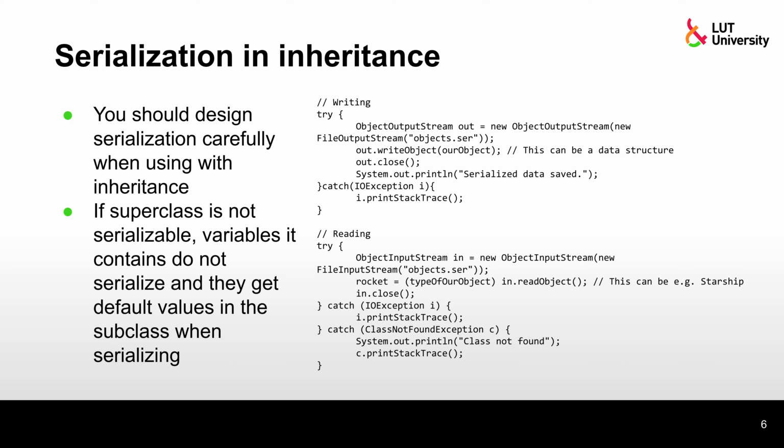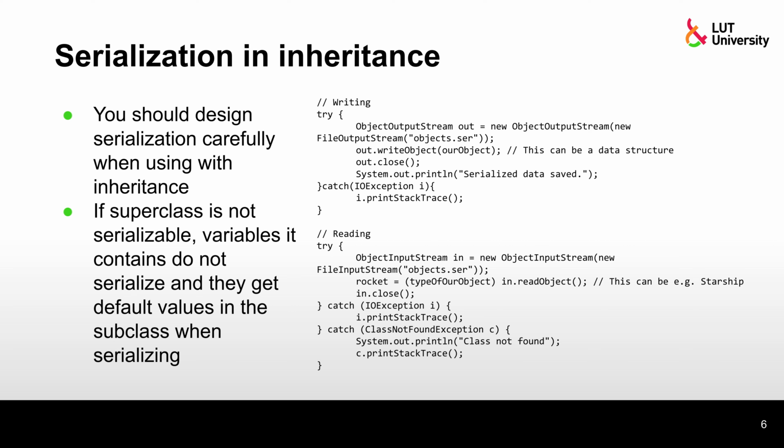So basically, if we are writing, we just build a new ObjectOutputStream object, and it uses the FileOutputStream class to access a file. Then we just write some object. Here in this example, we are writing our object, and then we are closing the file.